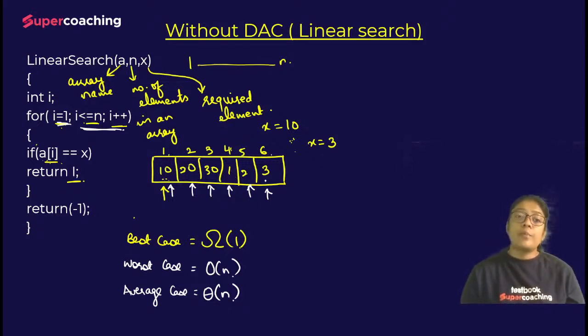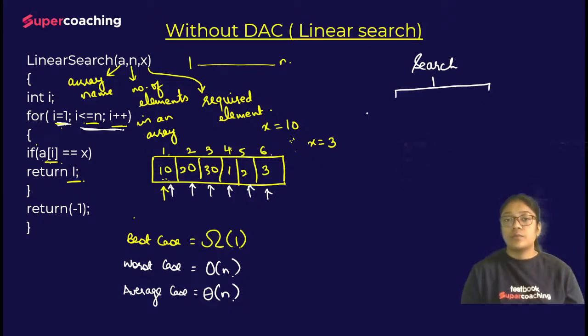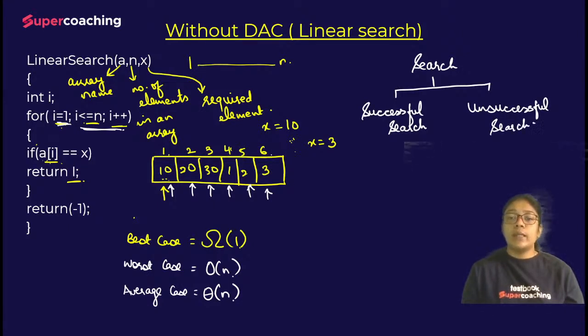जो search है वो आपके पास successful भी हो सकती है, unsuccessful search भी हो सकती है. Search can be successful search or it can be unsuccessful search. Successful search means जो element आप ढूंढ रहे हो वो आपको array में मिल गया. Okay, unsuccessful search means we are looking for the element which is not present in the array.